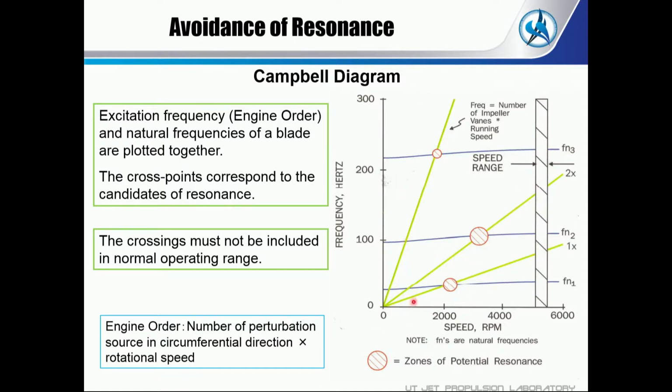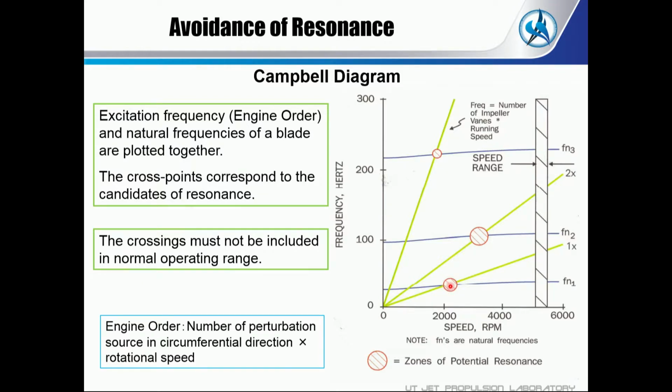And this blue line shows the natural frequency of the blade. It's usually the first bending, and second, first torsion or second bending, depending on the structure of each blade. This is an exciting force, and this is the blade natural frequency. If they correspond to each other, it's very dangerous.